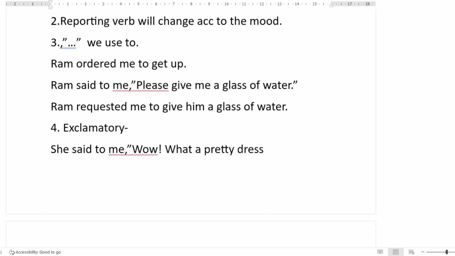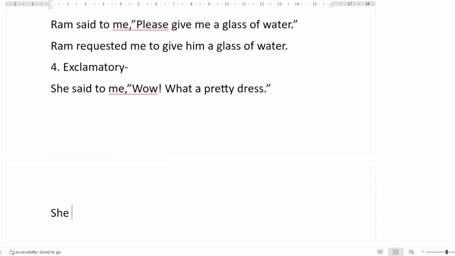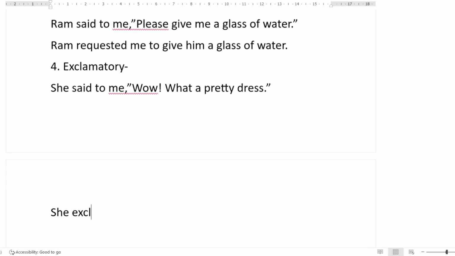So how do we change these exclamatory sentences? In this case, the reporting verb will change like this: she exclaimed. Now, what is the mood of the speaker? She is in surprise, she is appreciating the dress.